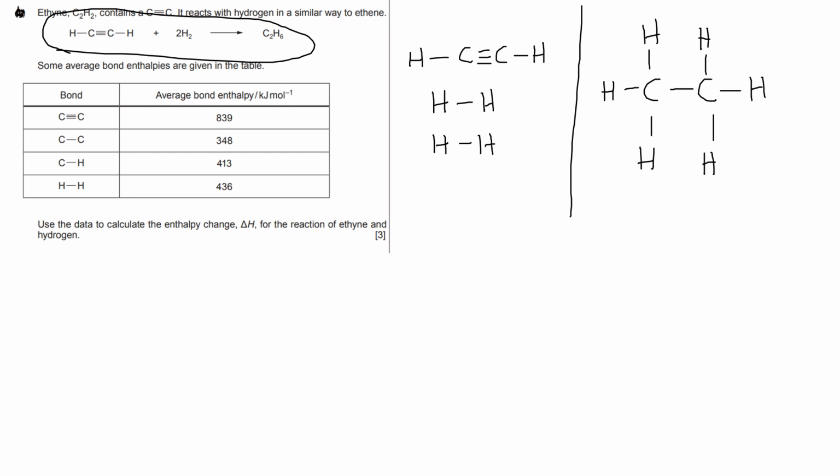And underneath that, you don't have to do this, I'm doing it in a slightly long-winded way to make it obvious for you, I would then make a list of all the bonds, because you're going to need it for the calculation. So you've got 2 C to H single bonds, you've got 1 C to C triple bond, and you've got 2 H to H bonds.